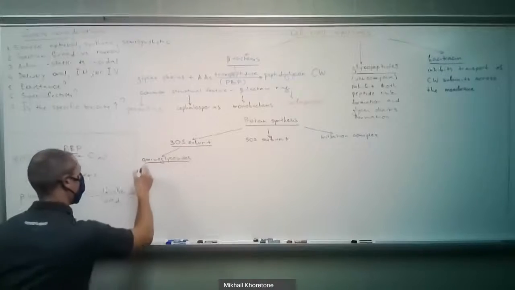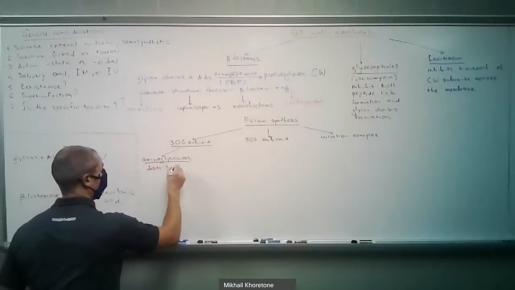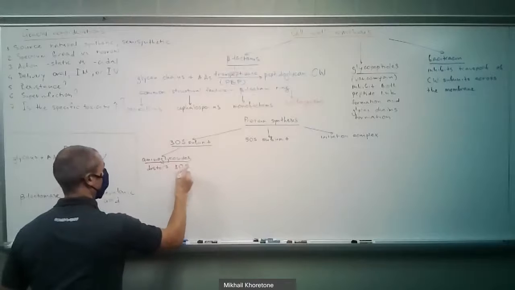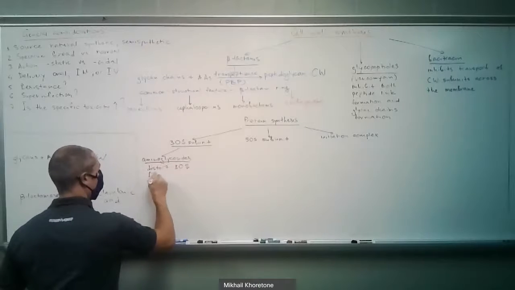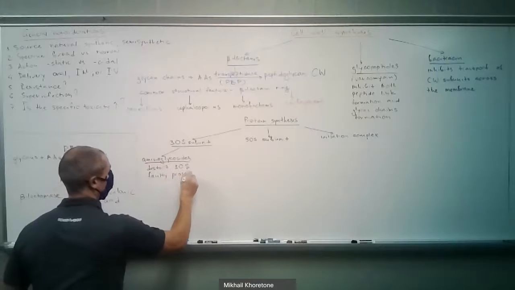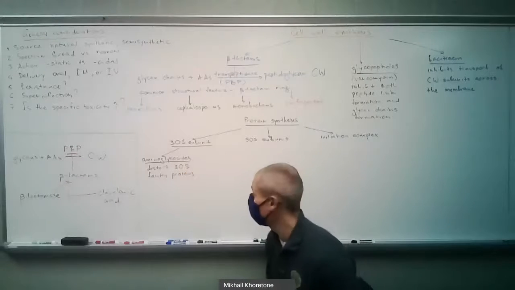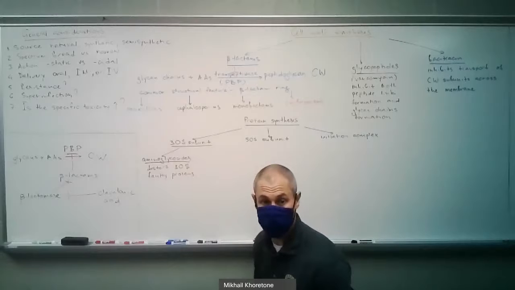Aminoglycosides distort the structure of the 30S subunit, which leads to the production of faulty proteins. And accumulation of faulty proteins eventually kills the cell. So far, we're good?